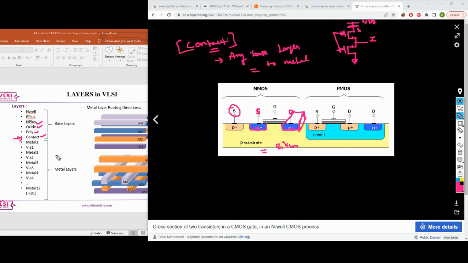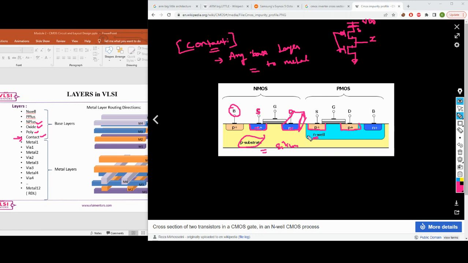Okay. Now the next one is PMOS. We know that you cannot directly manufacture PMOS on the P substrate. What do you need? You need N well. Once you manufacture your N well, that is ready for your PMOS structure. Now you bring in your P plus.